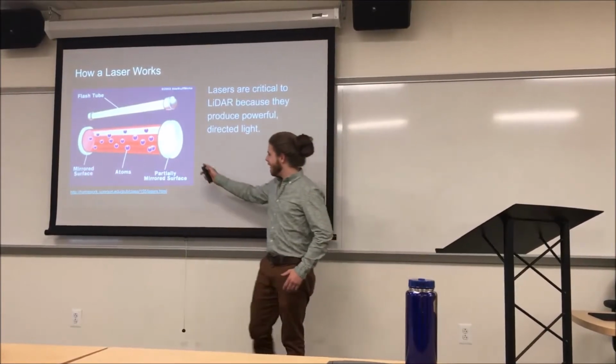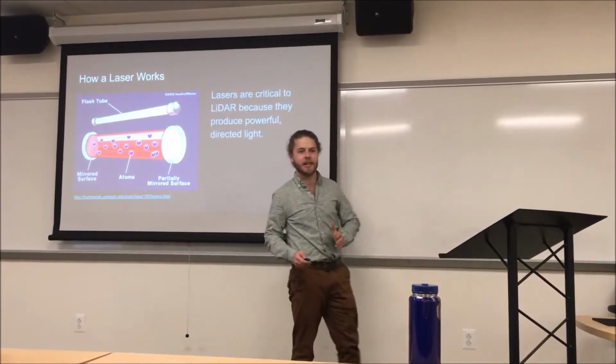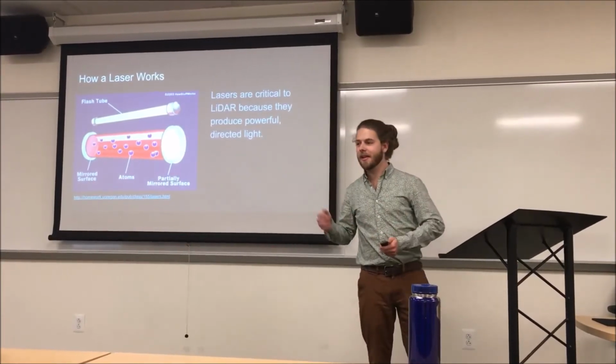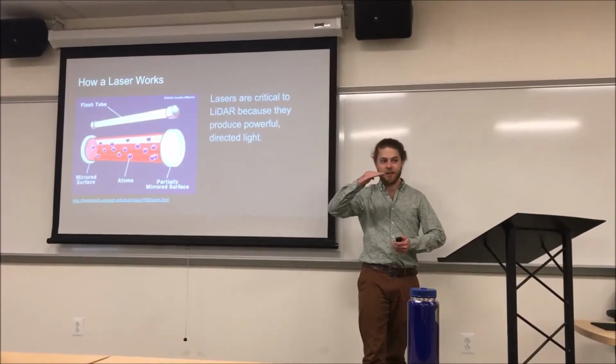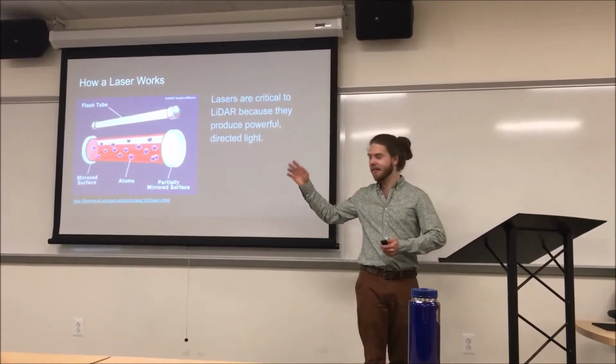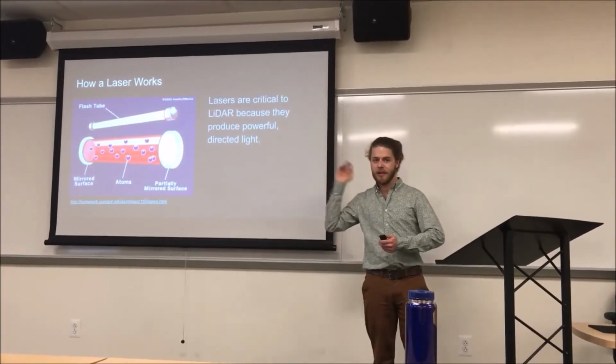And you can see in this diagram, you've got a mirrored surface on one side and a partially mirrored surface on the other. So as the photons are emitted, they'll bounce off the mirrors. The ones that aren't all oriented in the same direction will bounce off into space. And those that are oriented in the same direction get caught bouncing back and forth between the mirrors.